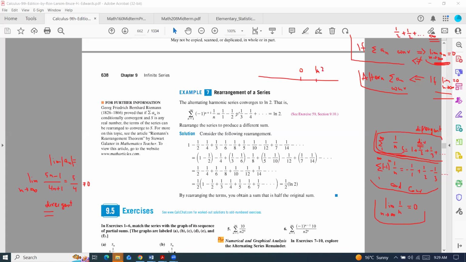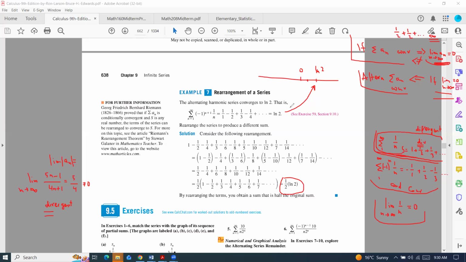So if you have a sign alternating series, it may converge to ln of 2, or it may converge to half of ln of 2. So does it converge to ln of 2 or to half of it? To both. And that's the amazing thing.